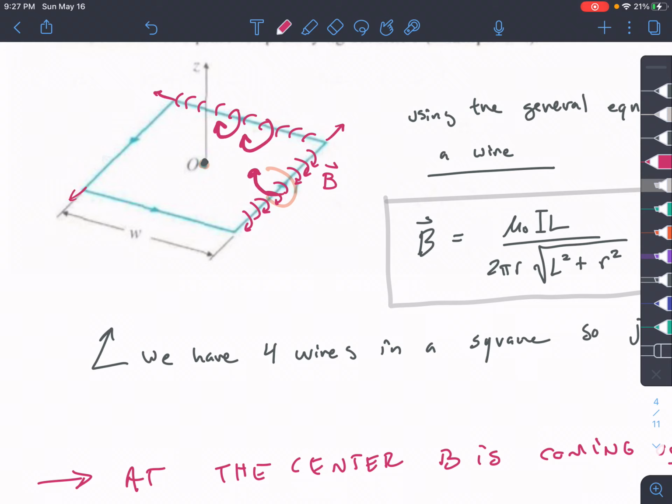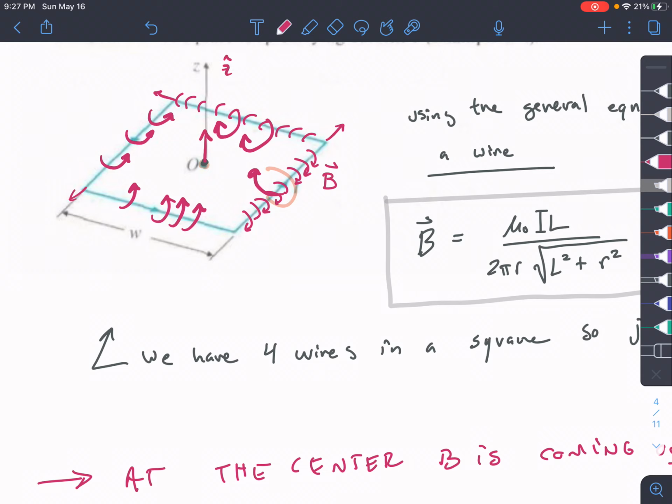And essentially in the center of each of these, the B field is going to be pointing up. So, just using the right hand rule here, our thumb is in the direction of current and the B field is curling up at all of these points, okay? So when we're in the middle, the resulting B field is actually going to be pointing in the Z hat direction.